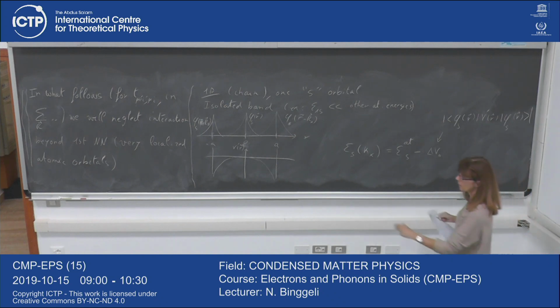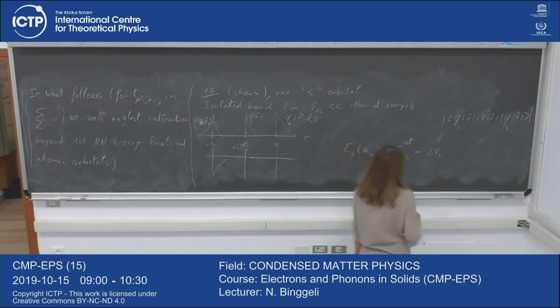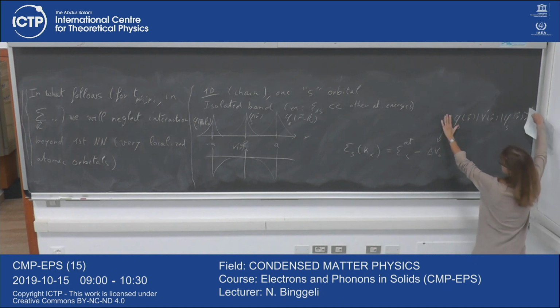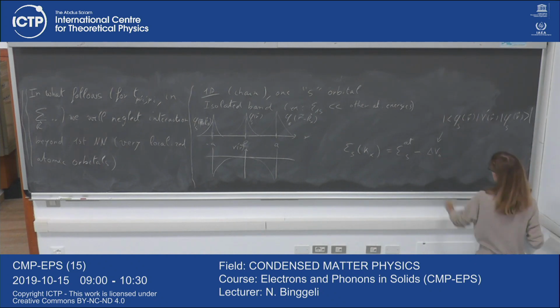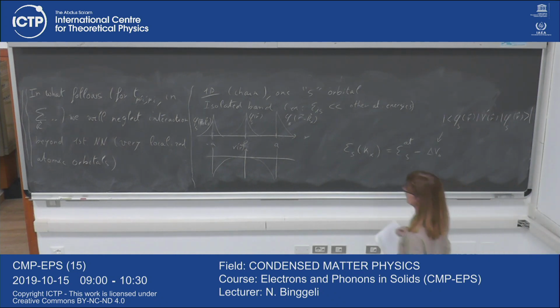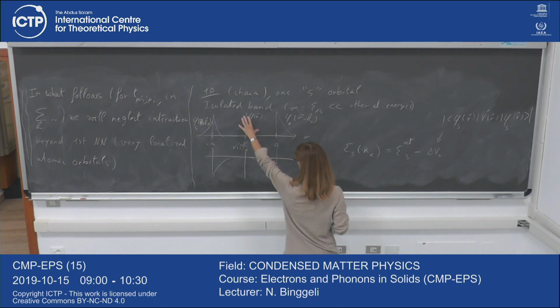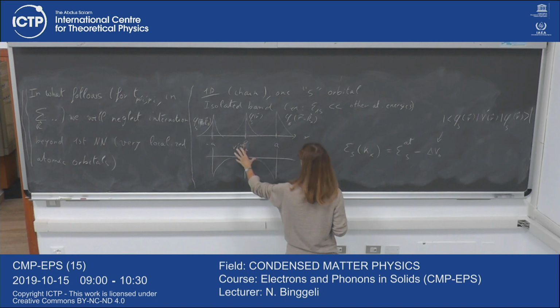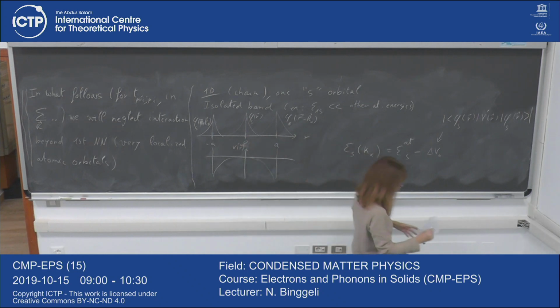We know that the crystal field will be negative, so this matrix element is negative. I put the minus here and I'm taking the absolute value. So this is the energy shift. So the norm of this, the probability density of this times the potential, the crystal field, integrated.